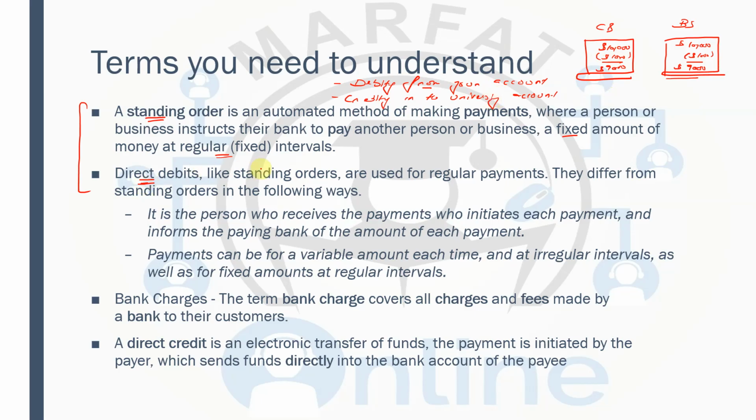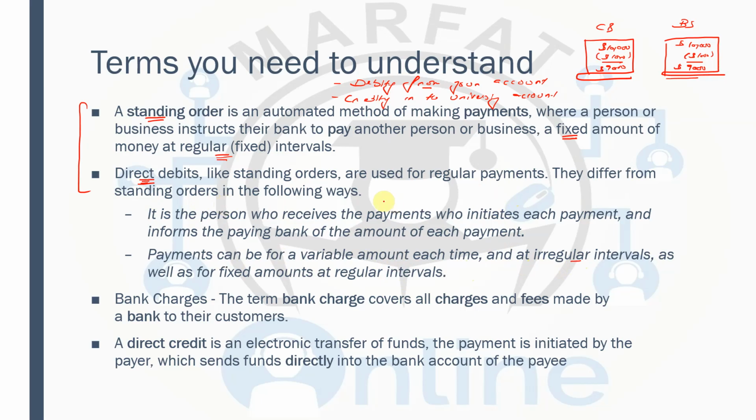Similarly, the direct debit payments, both are the same, but when you want to make a fixed payment at regular intervals, you use the standing order service. And when you want to make a payment to someone at irregular intervals, with fixed and variable amounts, then you use the service of the direct debit.